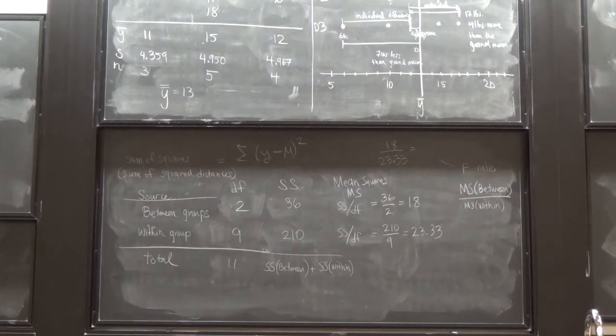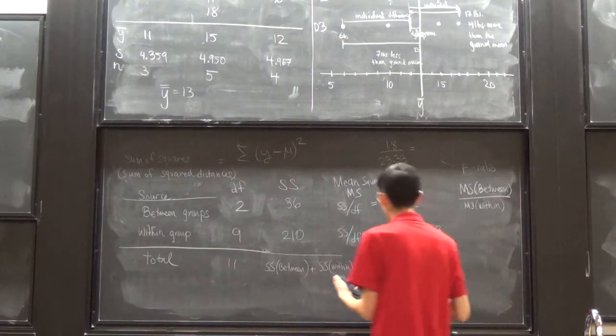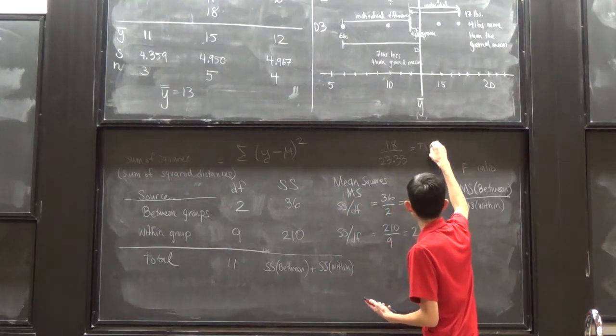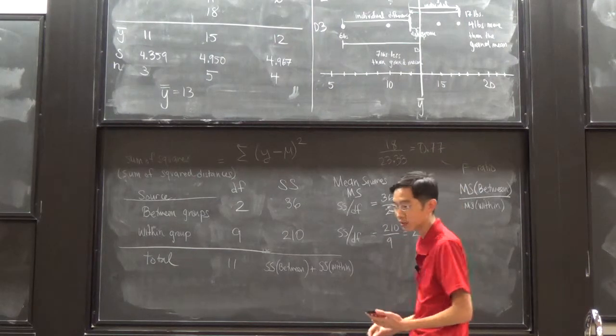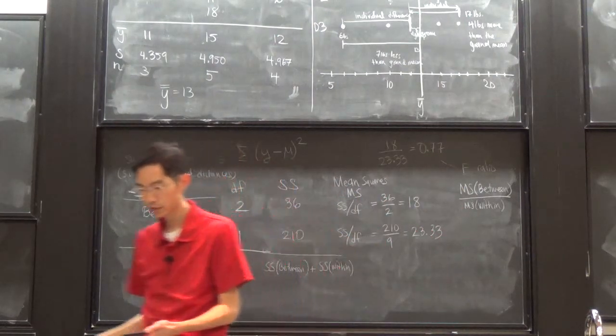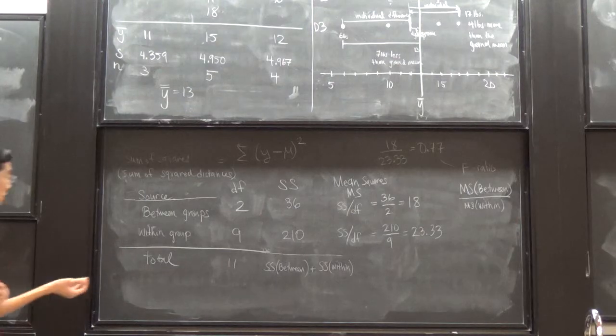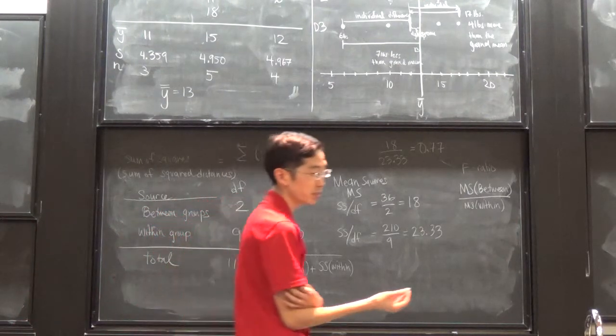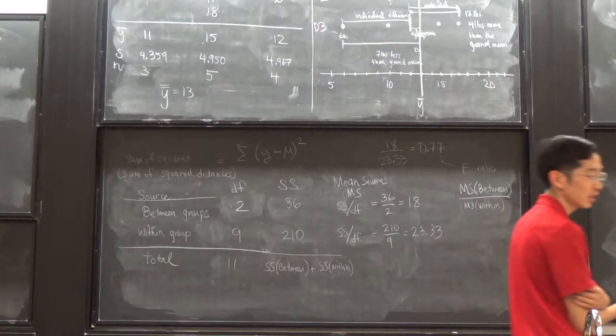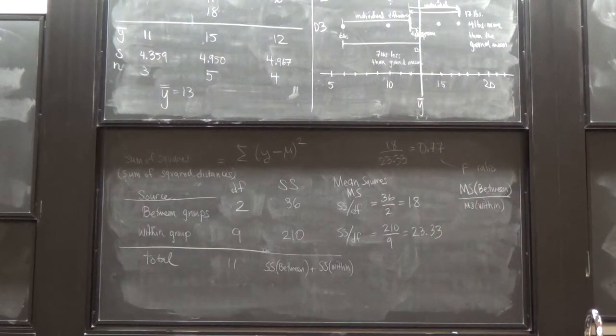I actually don't have a calculator today. 0.77? So that is our F ratio, and that is our F statistic, or our test statistic. If we wanted to get a p-value, we would look this up in our reference tables.